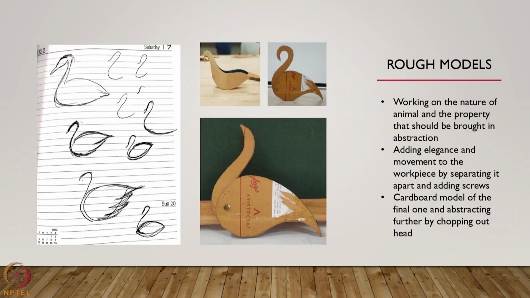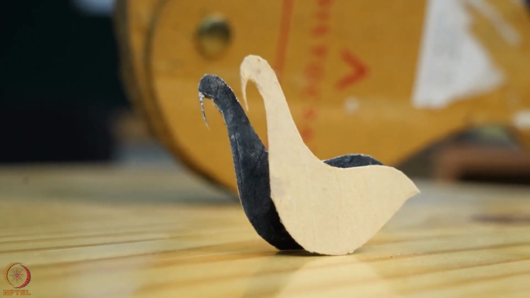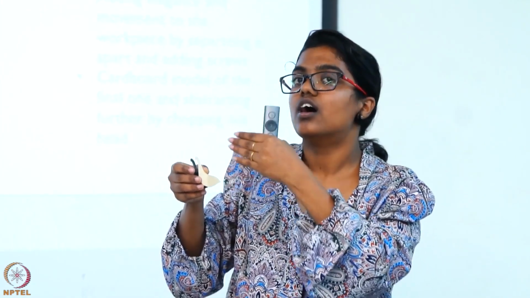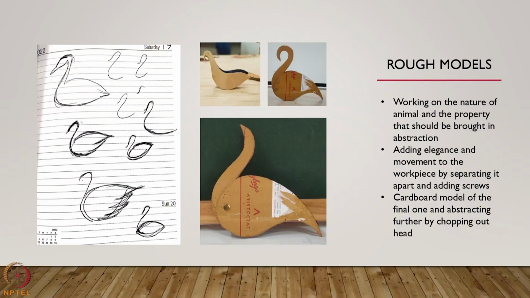We had a very rough model, and it can be understood that it's a swan, but I just took the outline of the swan and made the small, rough prototype. After that, we thought that we have to bring movement to the model.